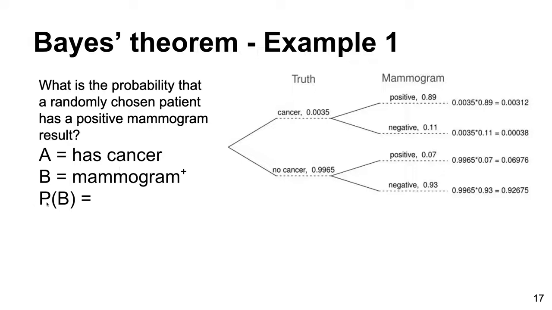So how do I figure out the probability of having a positive mammogram? Well, I look at this row, this stem right here. How could you have a positive mammogram? Well, you could be at this stem with probability 0.00312, or on this stem with probability 0.069676. So I'm going to add this number and that number to get the probability of having a positive mammogram.